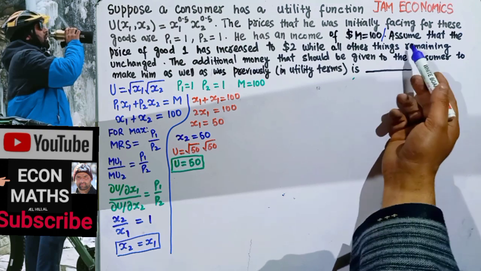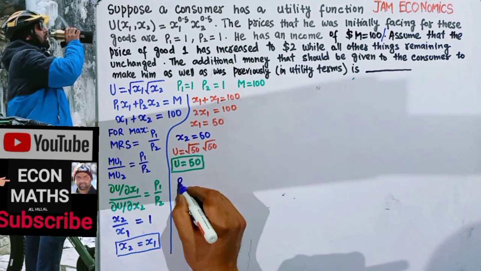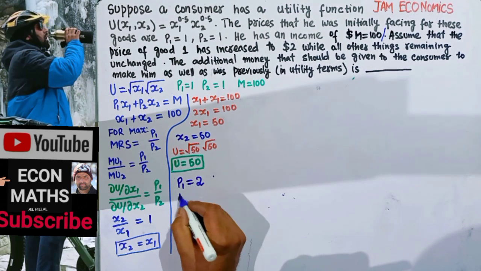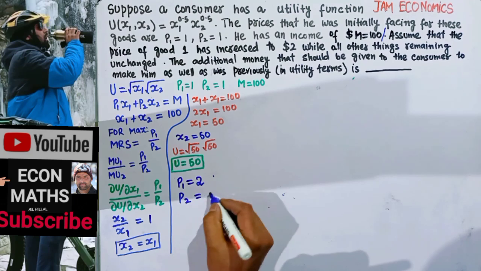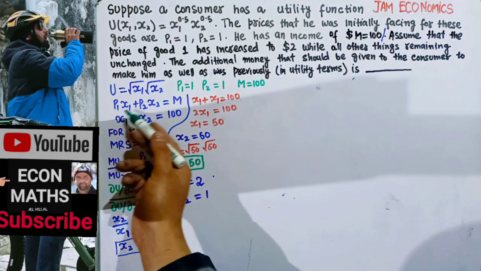Now we are being told, assume that the price of good one has increased to $2. Let us say price of good one increased to $2. Price of good 2 is same. We need to construct the budget constraint again. So we have P1 times x1.